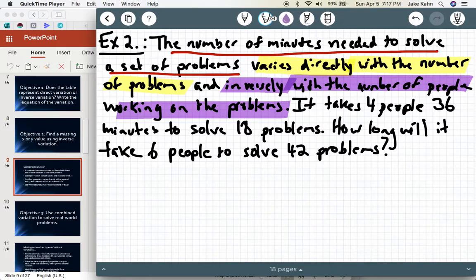I am going to represent these different pieces of information with different variables, okay? This is really important that we do this. T, I'm going to make my variable for the time it takes to solve.